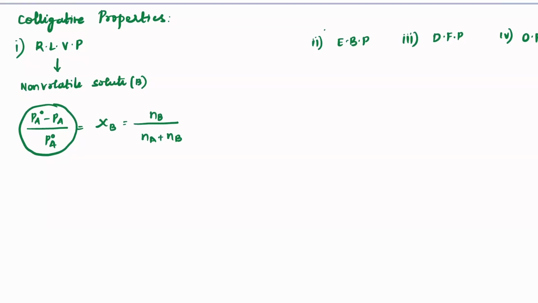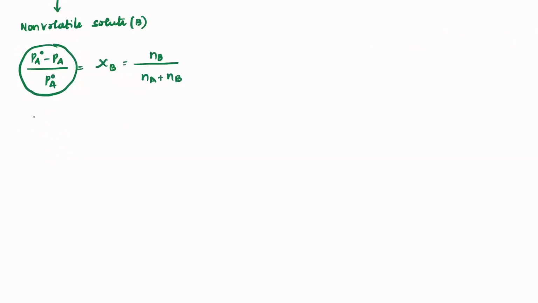Okay, which suggests that, as the number of moles of B increases, delta P value increases.